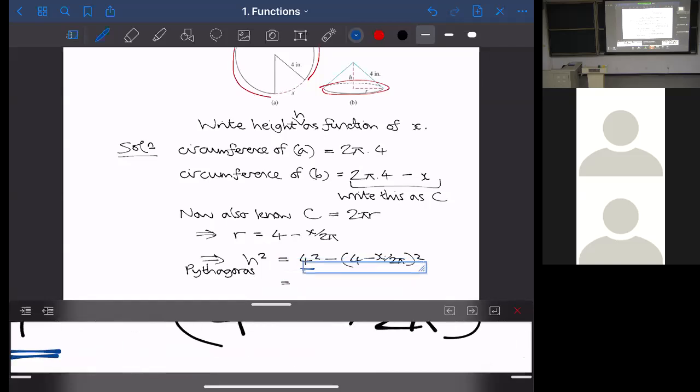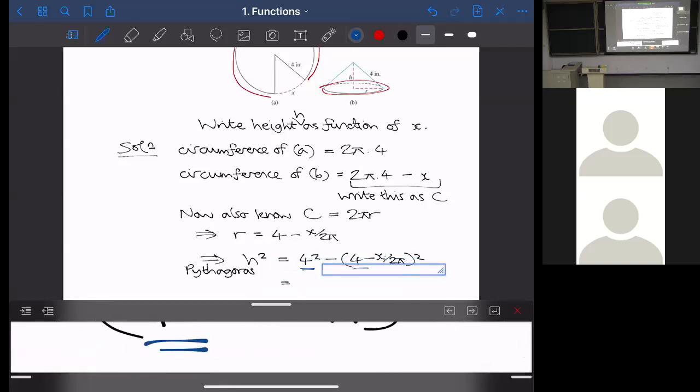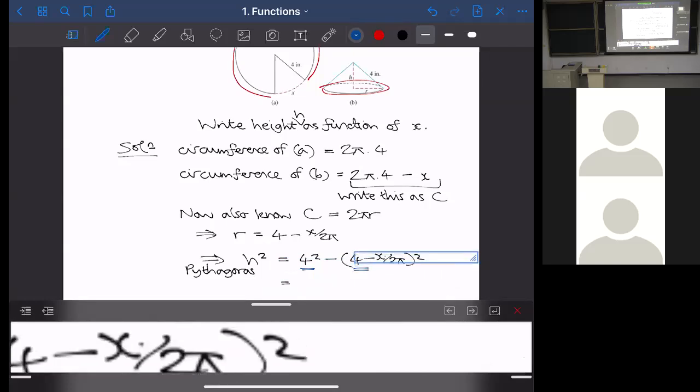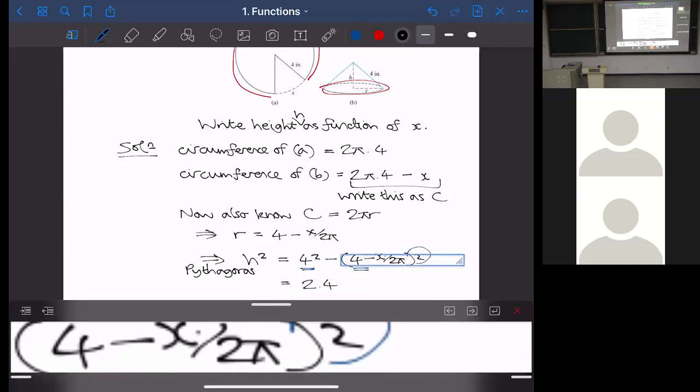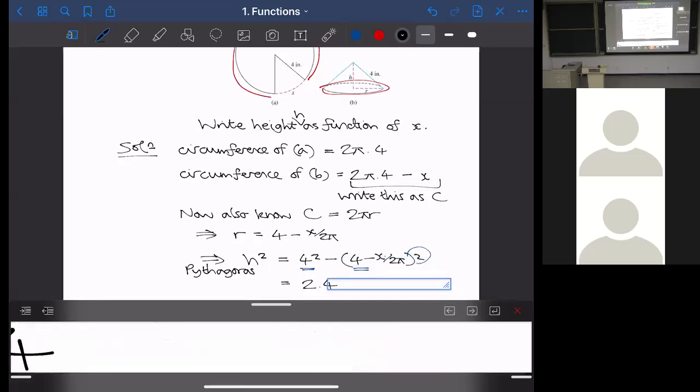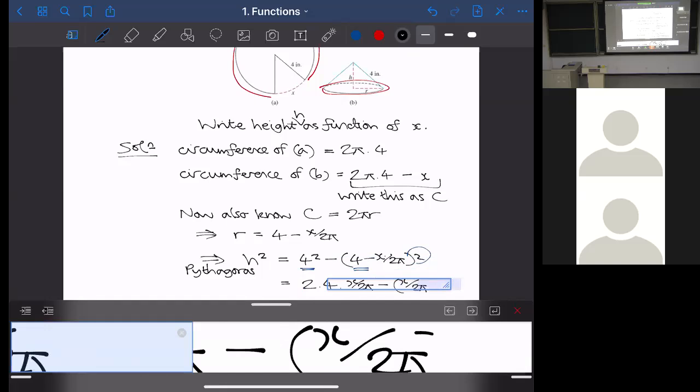So this 4 squared cancels with the 4 squared from this 4 when I expand this square. And what I get, please tell me if I'm wrong, is 2 times these two terms, yes, minus x over 2 pi all squared.